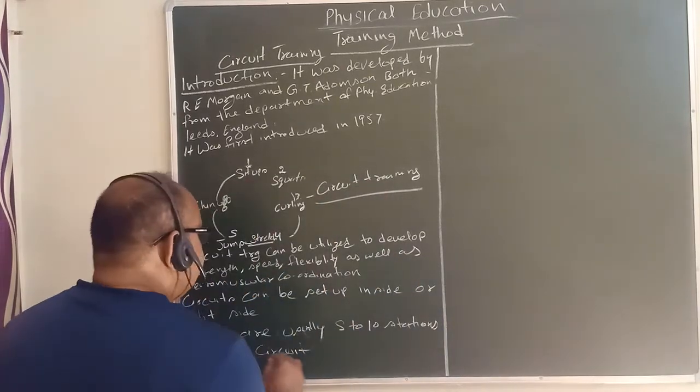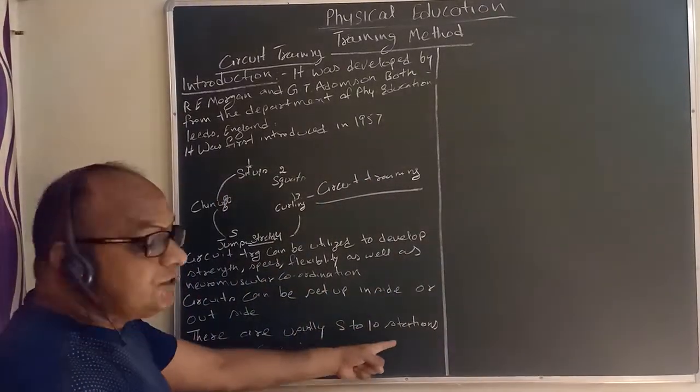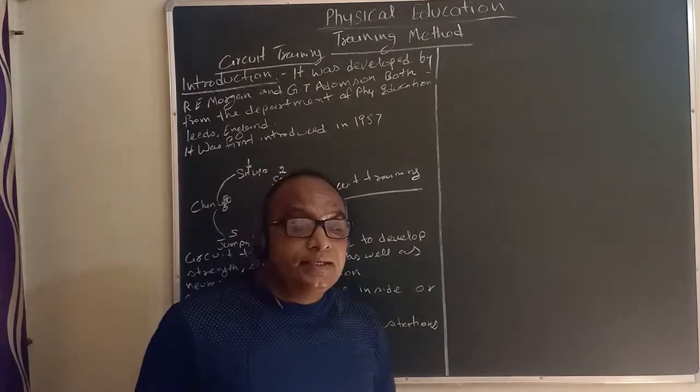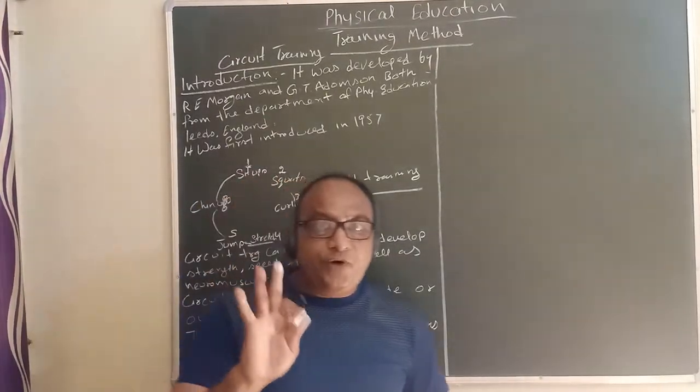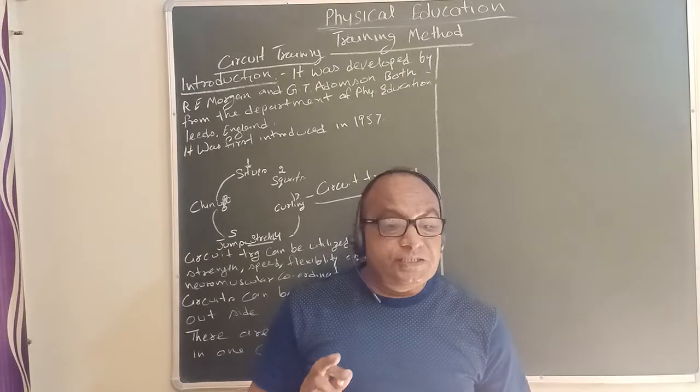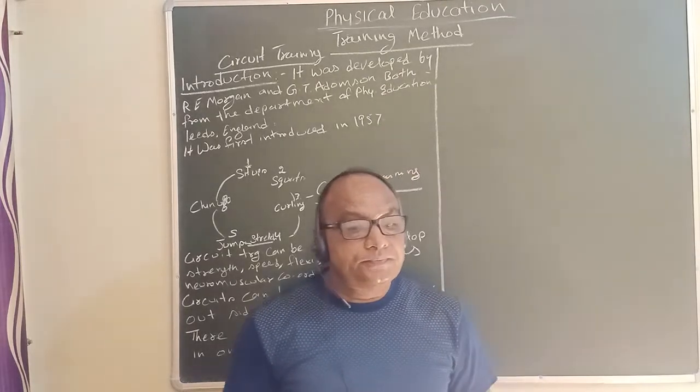So how many stations are there in one circuit? You can set 5 to 10 stations in one circuit.